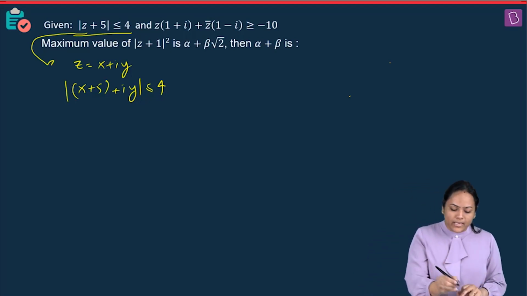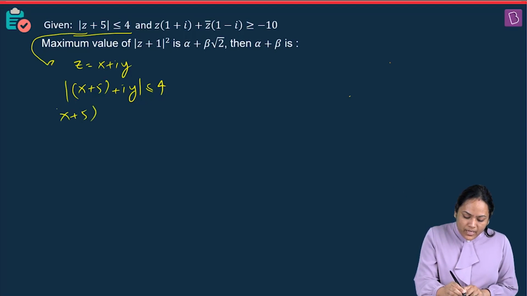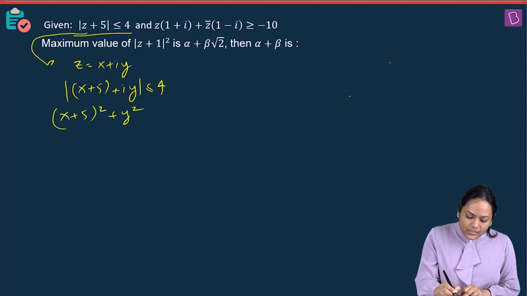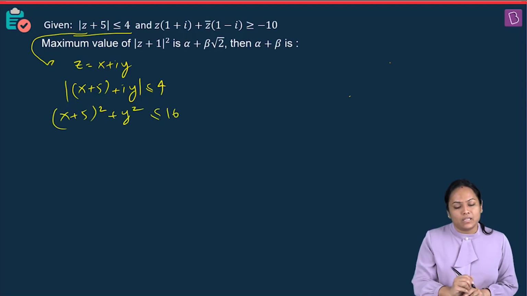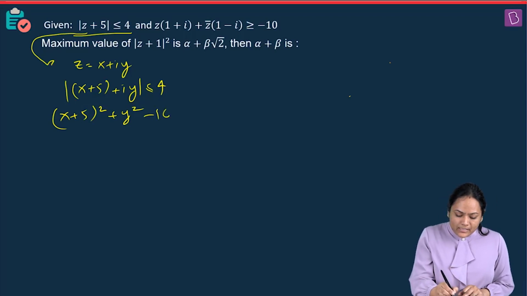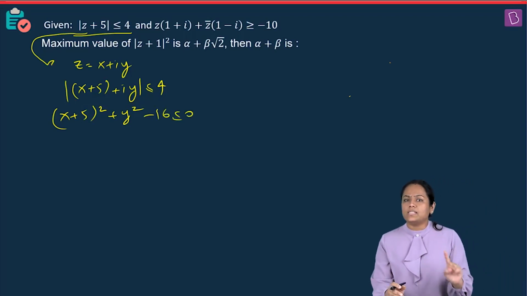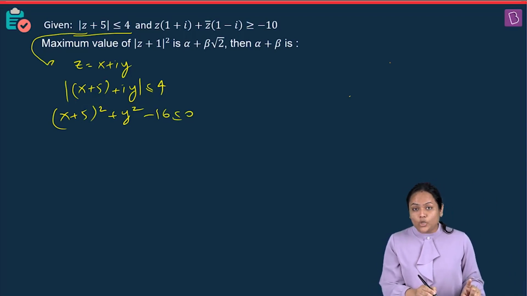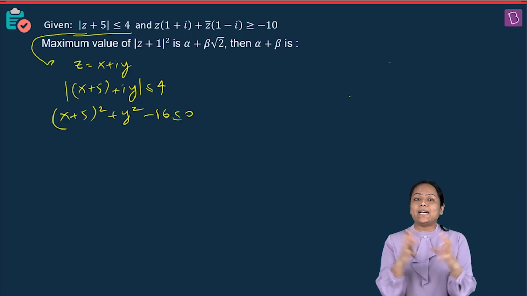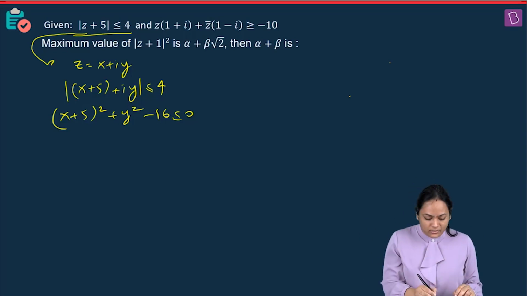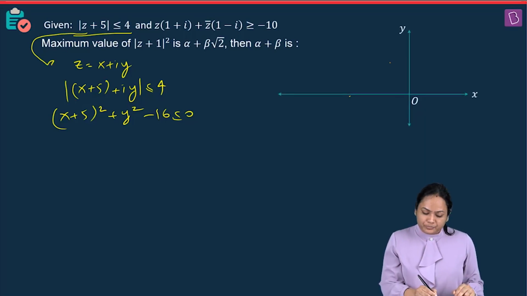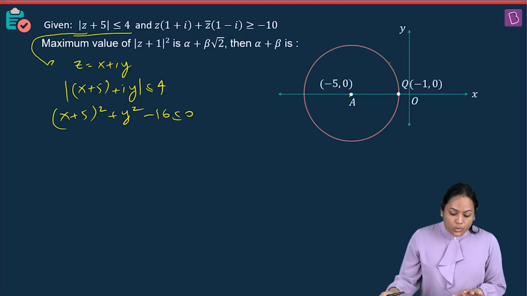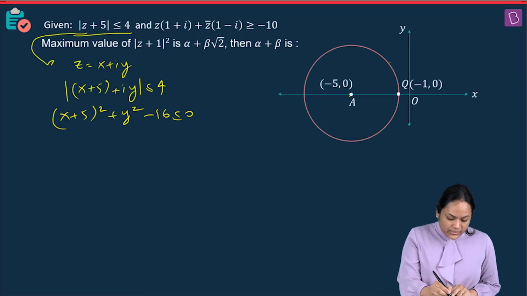So when I do the squaring, I get (x plus 5) whole square plus y square minus 16 less than or equal to 0. What is this? This is the circle whose center is minus 5 comma 0 and radius is 4, and points are lying inside or on its circumference. Clear? Perfect. Okay, so this is my first scenario.